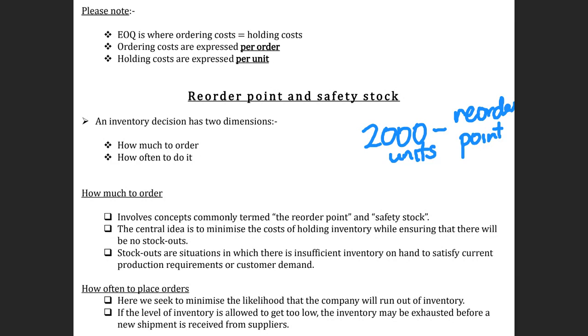This is basically saying to us that if a company has maybe 10,000 units for the month and they sell off inventory during the month, once it reaches the point of 2,000 units, this is signaling to the purchasing manager that we now need to place a new order because we've reached the point where these 2,000 units is only going to last us for a short while longer.